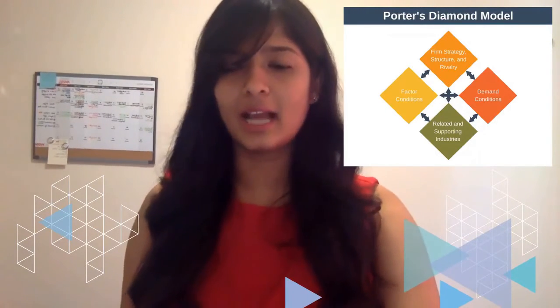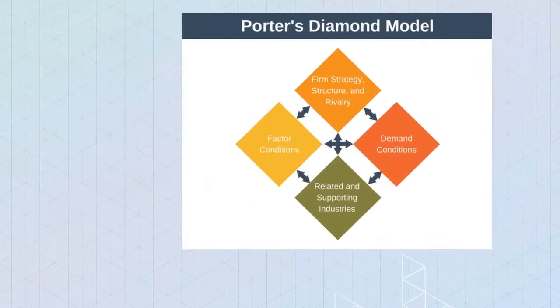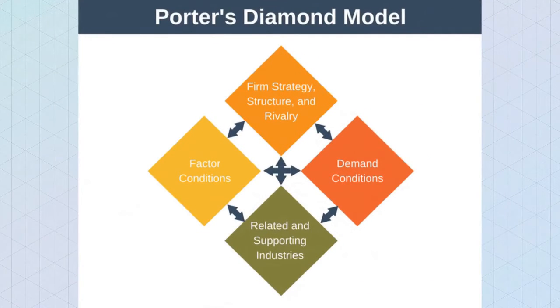Now, for this analysis, we would like to consider the following factors. A, the basic factor conditions like labor, capital requirement, and the human talent available in that industry or region. B, the demand conditions of the region or the industry. C, the state of the related, supporting, and complementary industries.